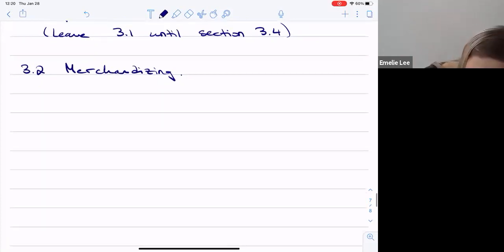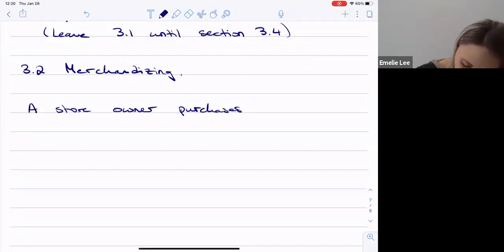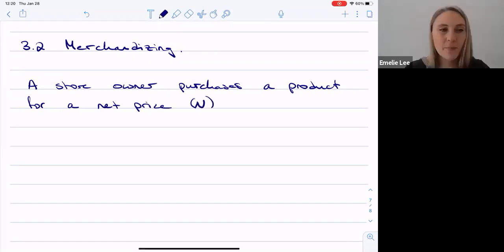Okay, so a store owner purchases a product for a net price, which we'll denote by capital N, okay?